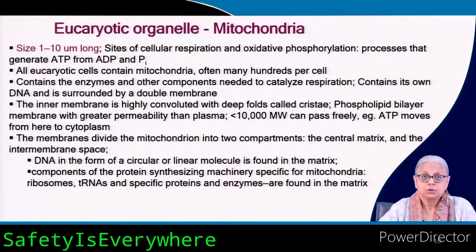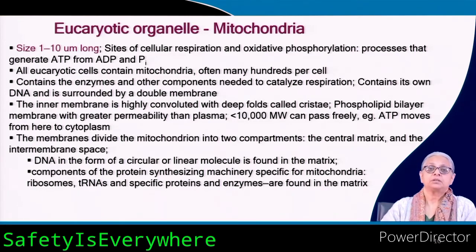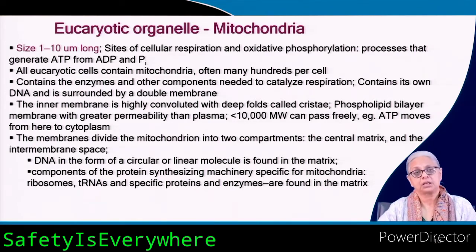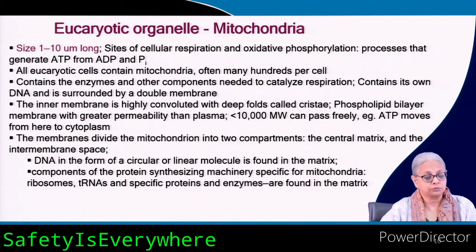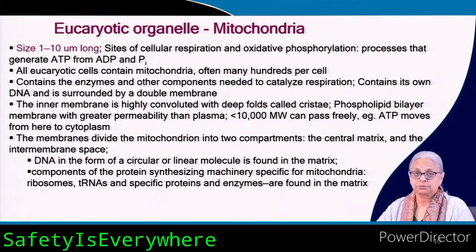So eukaryotic organelles, we have mitochondria and chloroplasts. These are the organelles that are involved in ATP synthesis. So generation of ATP is done by the mitochondria as well as the chloroplast. Chloroplasts exist in photosynthetic organisms and mitochondria in non-photosynthetic organisms or the eukaryotes.